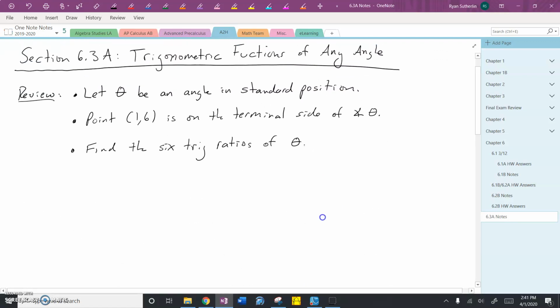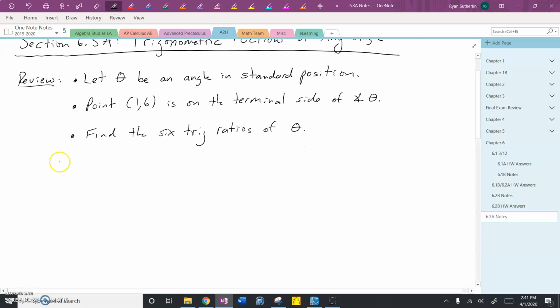So we have our angle in standard position. Remember, that means the vertex is right here at the origin, the initial side is on the x-axis, and the terminal side goes to the point (1, 6). So if I think of (1, 6) being right here, there is the terminal side of our angle.